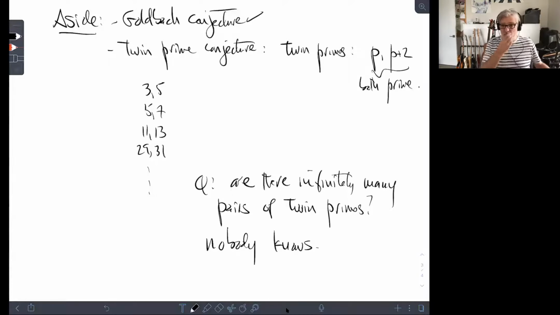This is a difficult problem also, obviously. There's been some progress in that area in the last few years, some very, very deep results in that direction, but not close to actually proving this. This has been around for quite a while. I don't know when it was first conjectured.